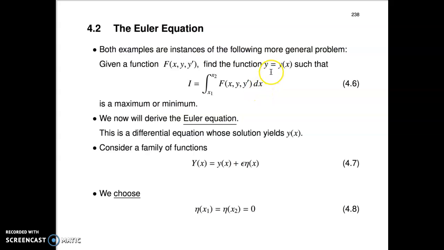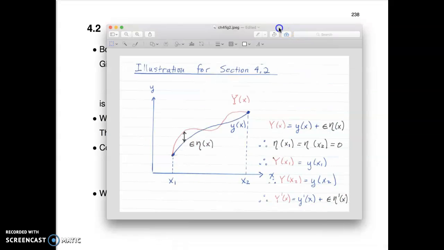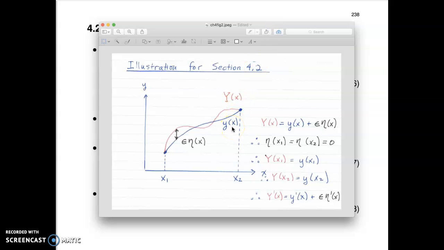But if we're looking for y of x, remember this is the function that will minimize or maximize this integral. Okay, so let's say it is this blue function. We don't know what it is yet.